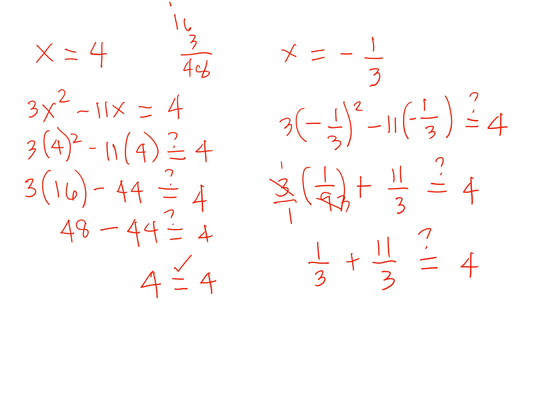So we are adding similar fractions. 1/3 plus 11/3 is equal to 12 over 3. Is it equal to 4? Yes, because 12 divided by 3 is equal to 4. So 4 is equal to 4. Correct. So the solutions of the given quadratic equation 3x squared minus 11x equals 4 are 4 and negative 1/3.